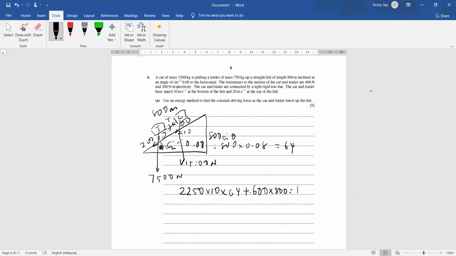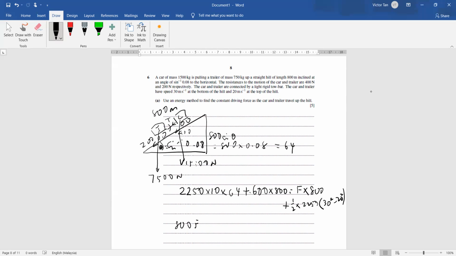This equals the work done by the driving force, F times 800, plus, when you're doing force in the direction of motion, it's always a loss, the loss of kinetic energy: 2250 times 30 squared minus 20 squared.